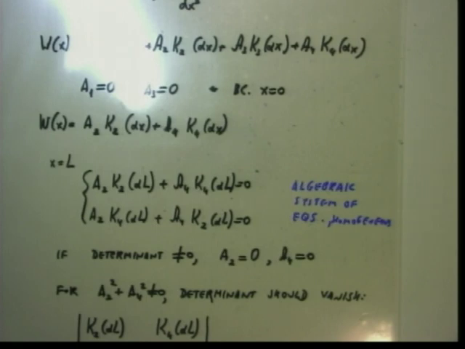Now, this is an algebraic system of equations which is homogeneous. Homogeneous means I have zeros on the right-hand side. Now, let me just remind you of one thing.